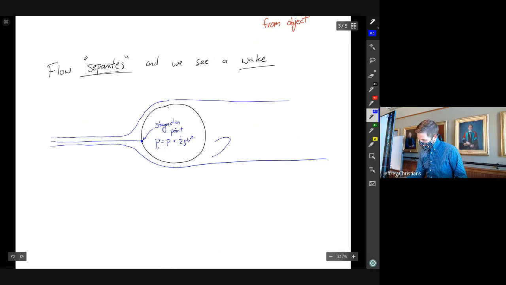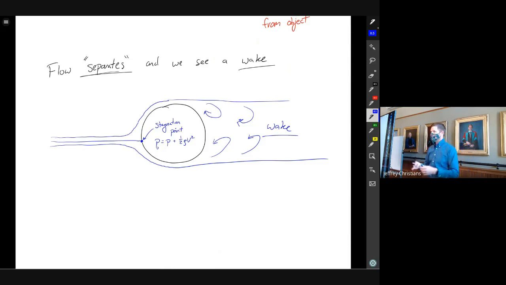So what develops here is a wake behind the object. And we're all obviously familiar with wakes forming behind objects. We've visually seen that happen.